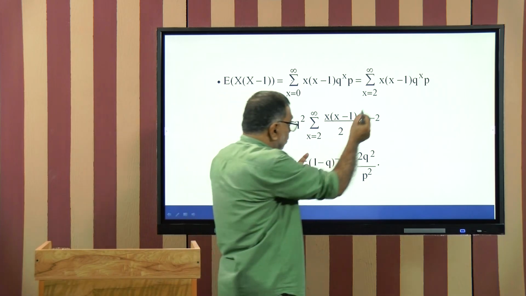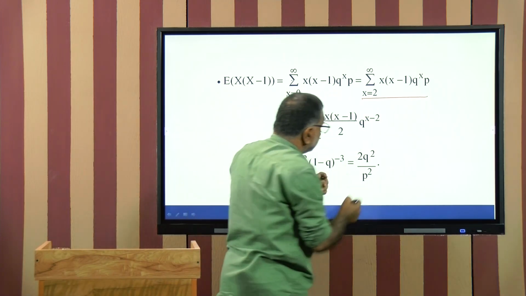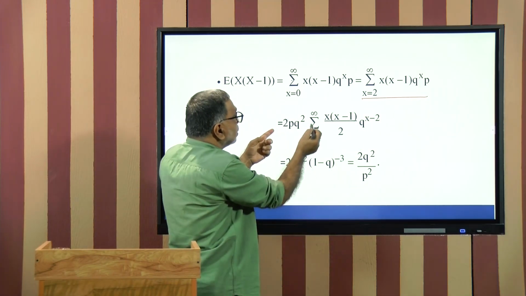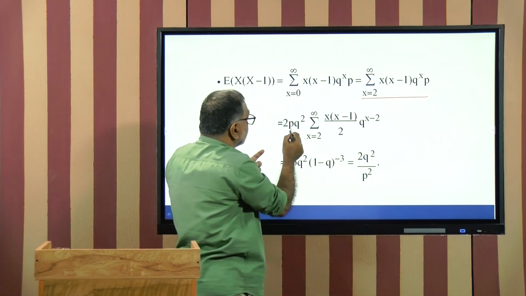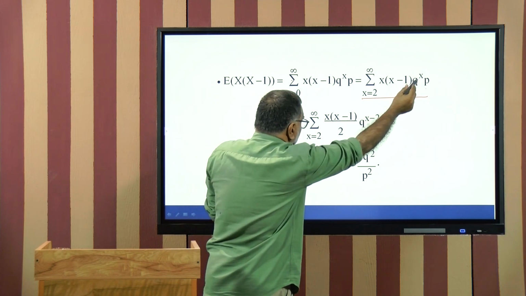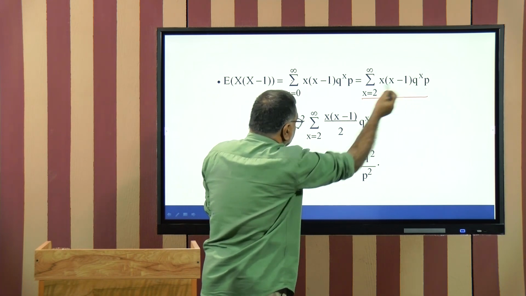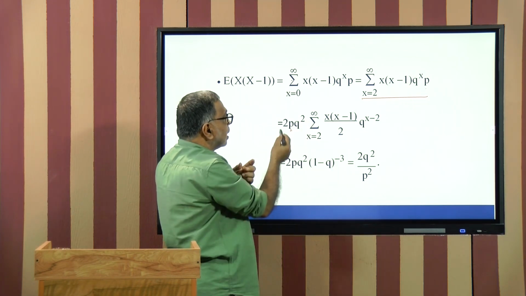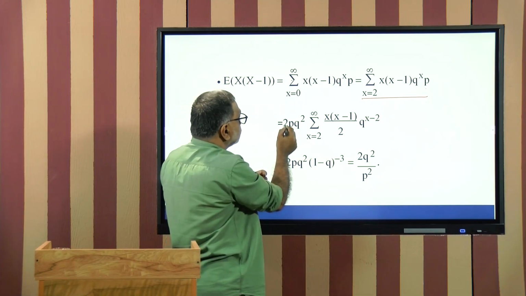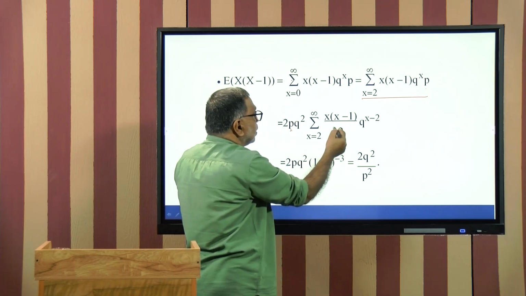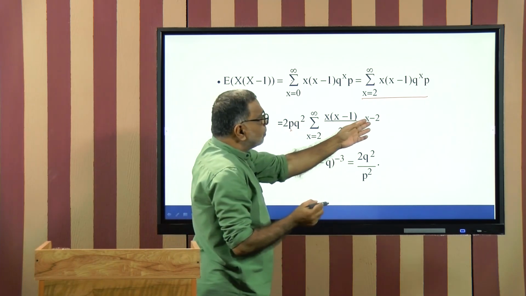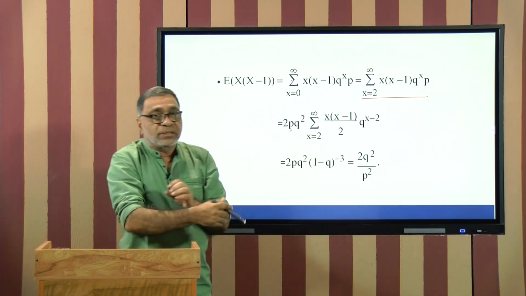Just make this expression so that p is taken outside, and instead of q to the power x you take q square outside, and 2 also is taken, so the 2 is cancelled by adding here. So, x into x minus 1 divided by 2, q to the power x minus 2, that way we can write.